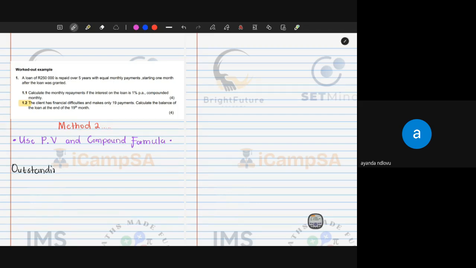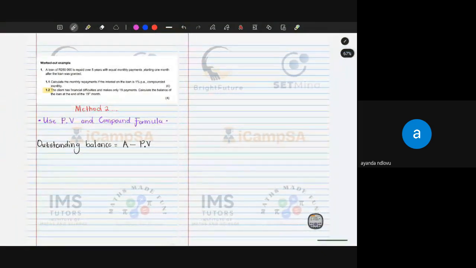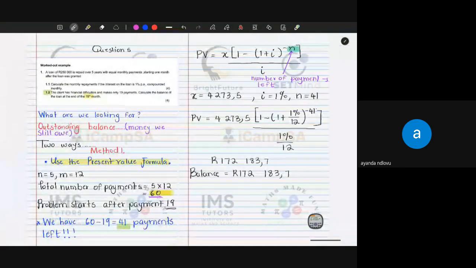for the amount which we owe. Outstanding balance will always be given by our A. You should know when we speak of the compound formula, what is A? Minus PV. This is another formula. So this side, we use the other formula.